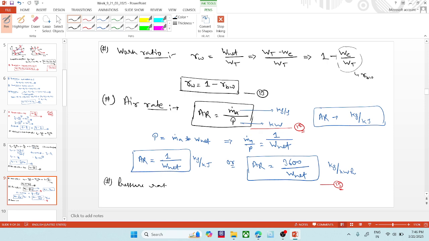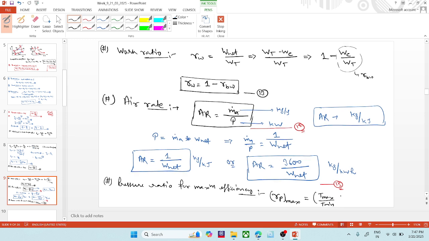This is the RP max, and it is defined by the expression T max by T min to the power gamma by gamma minus 1. Equation number 16.